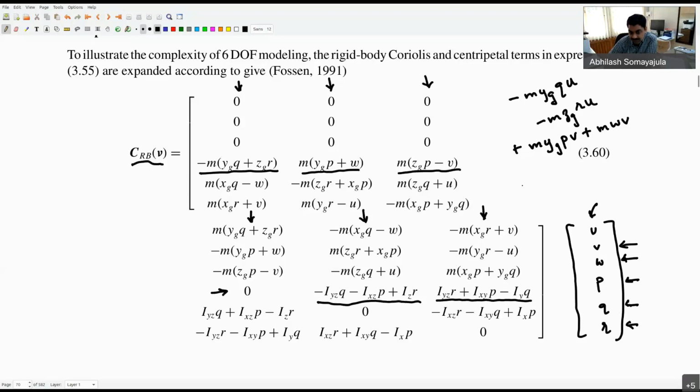Yes, sir. Okay. Now, notice that we are trying to linearize about the point where we have capital U, 0, 0, 0, 0, 0.